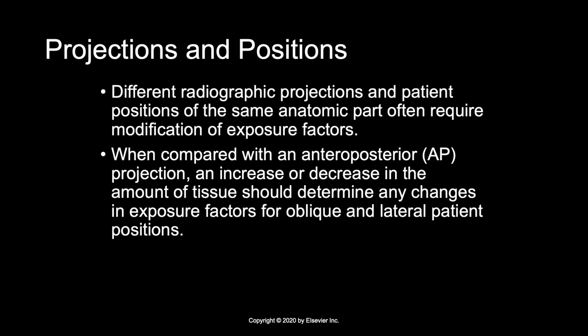Just like anytime you go from a PA to a lateral or an AP to a lateral, you're changing your technique, because going through an AP is less tissue thickness than when you turn and go through the lateral. Now you've got double the tissue thickness. So we always want to make sure that our exposure factors are changing from one position to another.